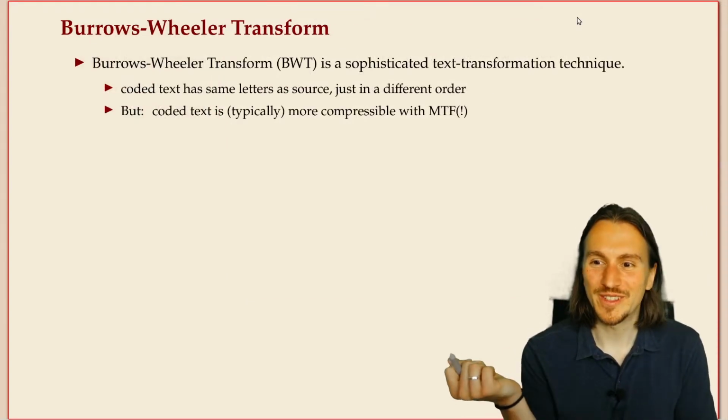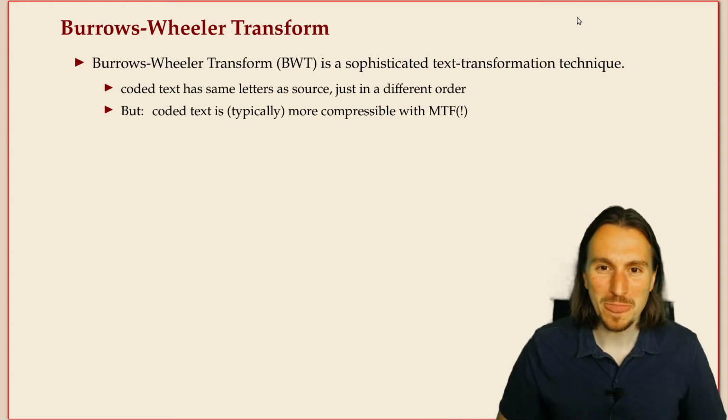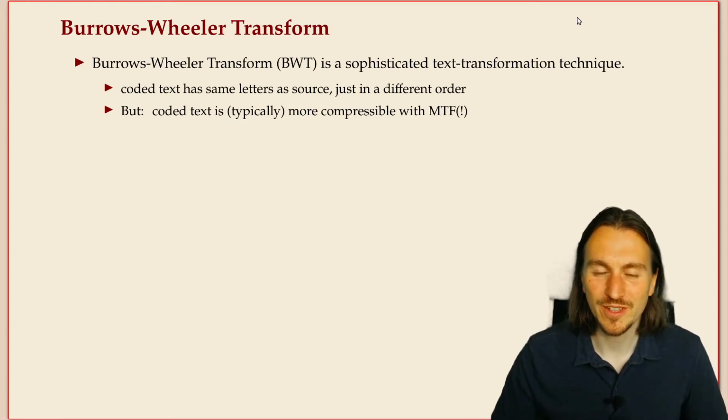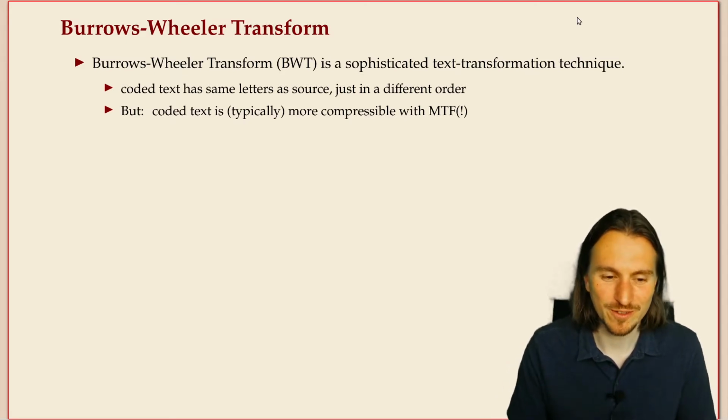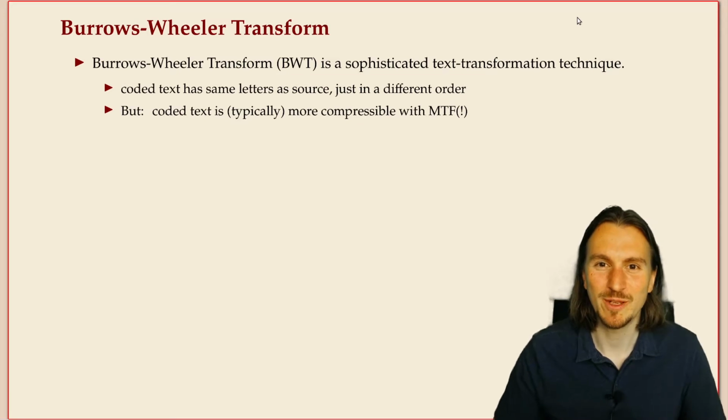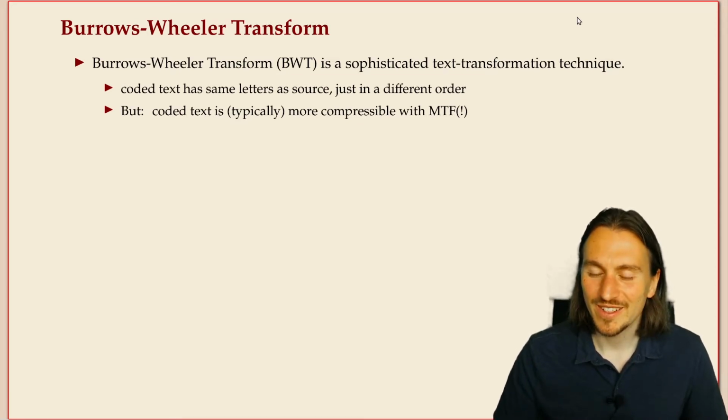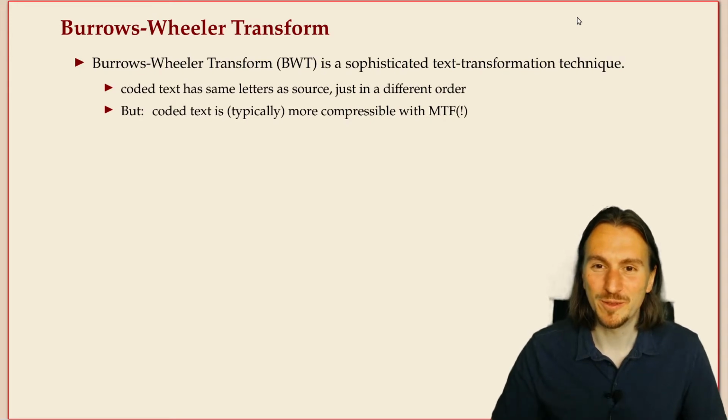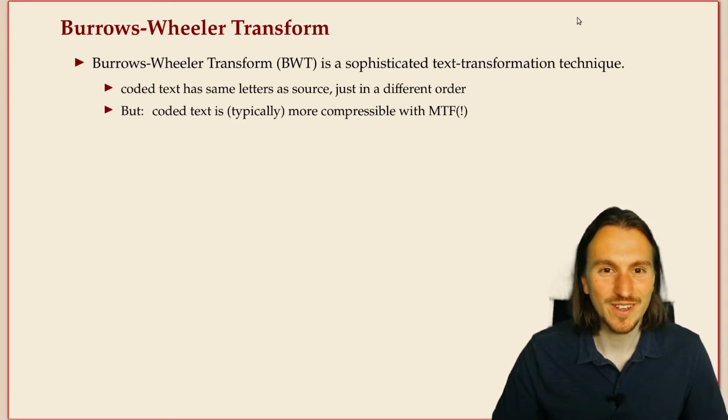Maybe also as a historical side remark, when the transform was first thought of, it was deemed impractical because it needs a lot of extra memory. It needs to have the text all in main memory. And so it was deemed impractical and not pursued. And only much later it was published when people realized that it is practical with the improvements of hardware and memory sizes.